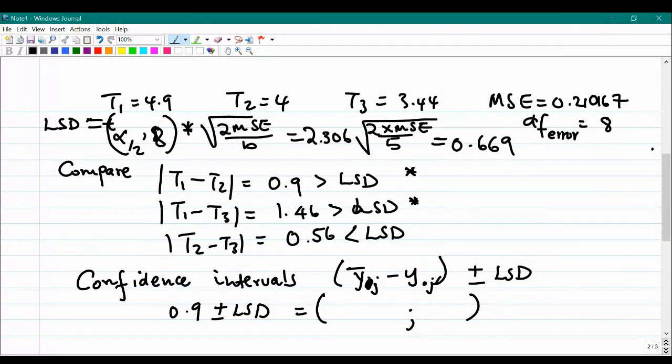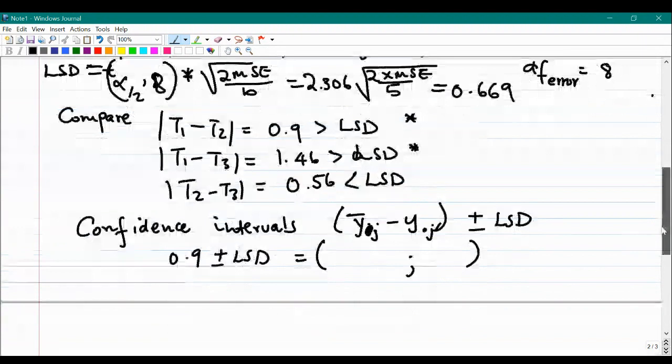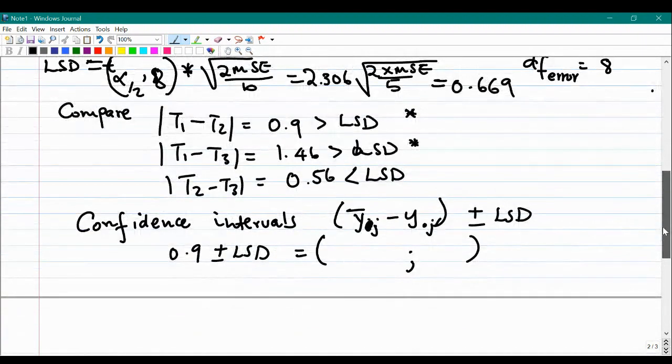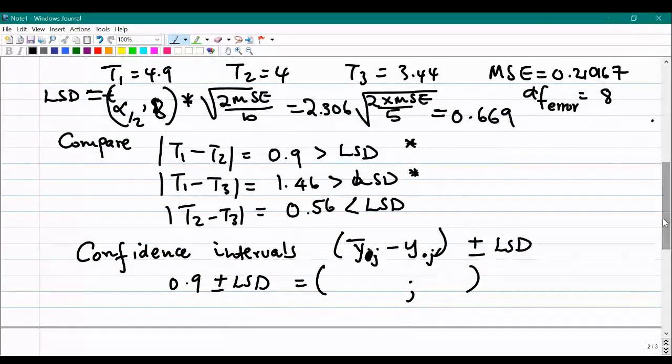Aren't you supposed to compare the two means? We're comparing. So how did you get 0.9? Confidence interval between T1 and T2.